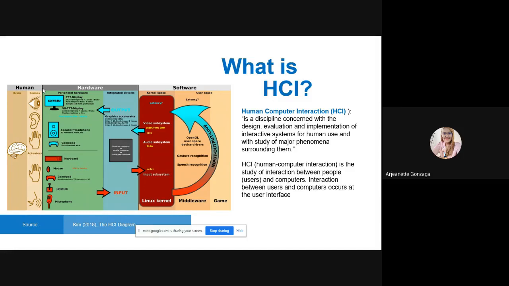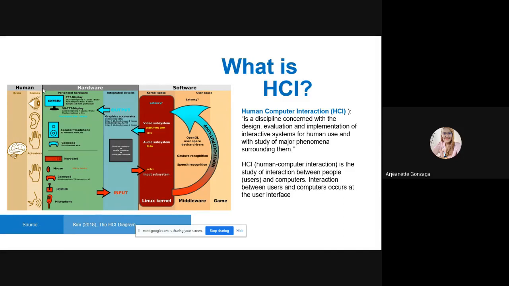So after the emergence of personal computers in the late 70s, yung mga researchers na realize nila na they had to expand the interaction with computers to everyone rather than to only people who are information technology professionals. Yung mga researchers na realize nila na hindi lang dapat computer technologies professionals yung nakakagamit ng computers.